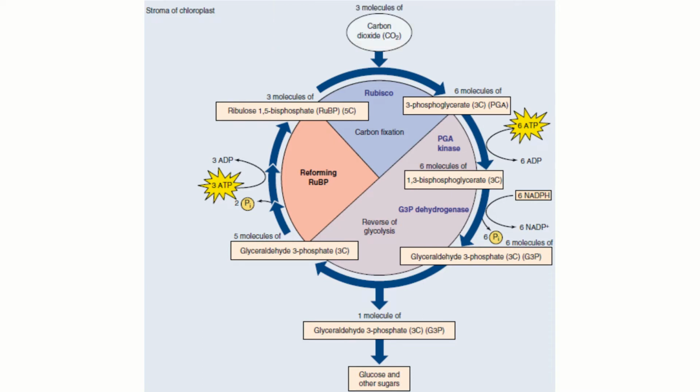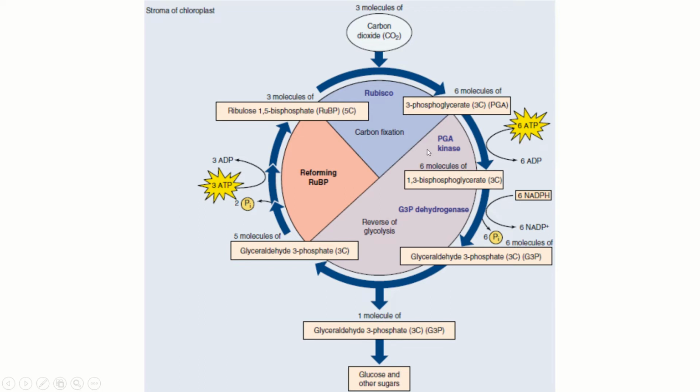Here is another diagram in which the same processes are explained. Then what's the difference? In this diagram you can see the enzymes are mentioned clearly. The first enzyme, the carboxylating enzyme, is Rubisco. Ribulose 1,5-bisphosphate carboxylase oxygenase, Rubisco.